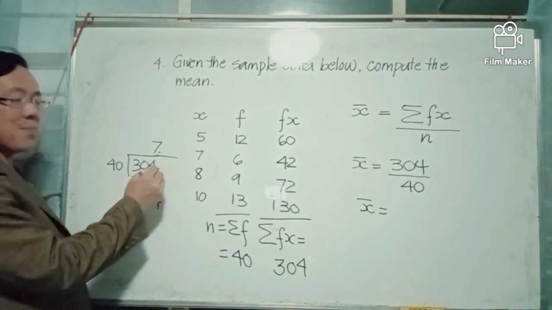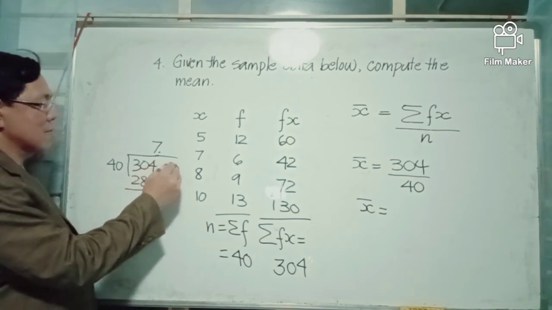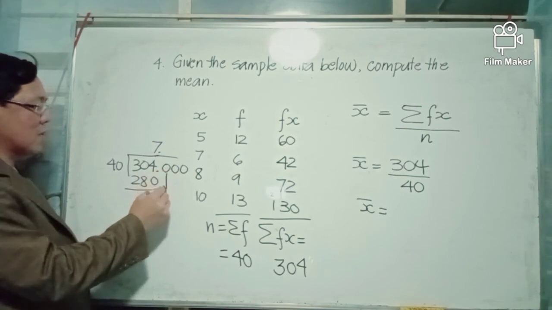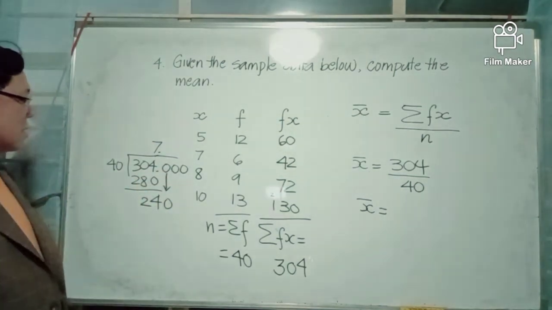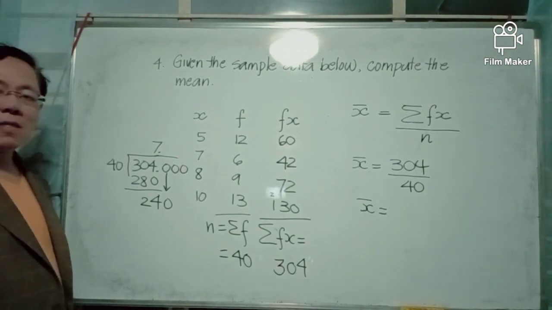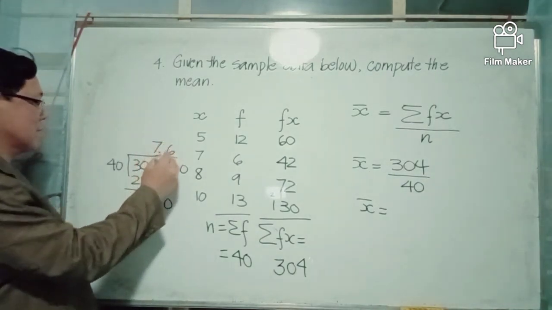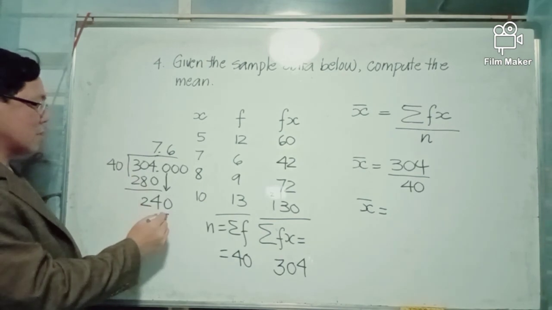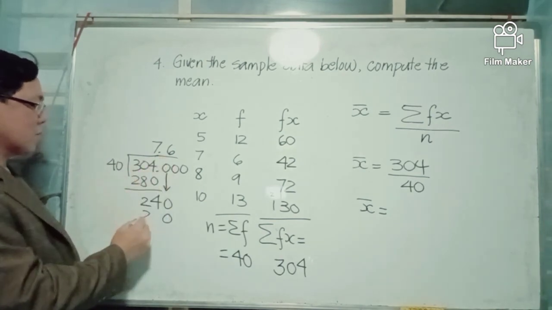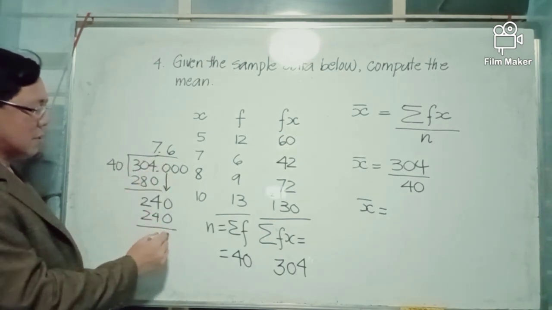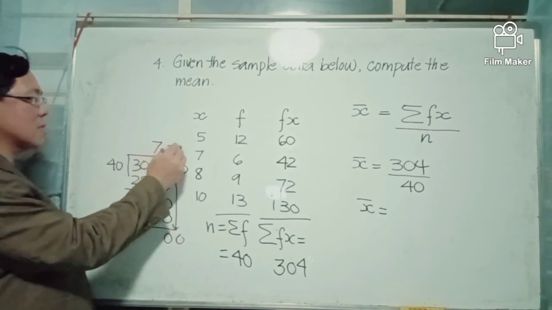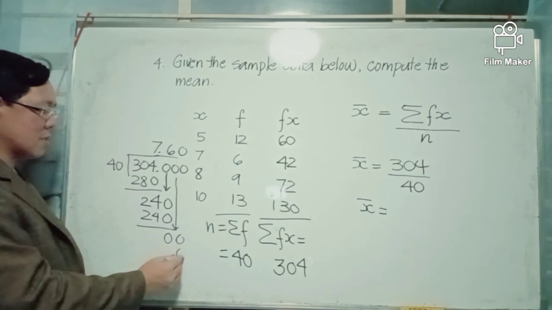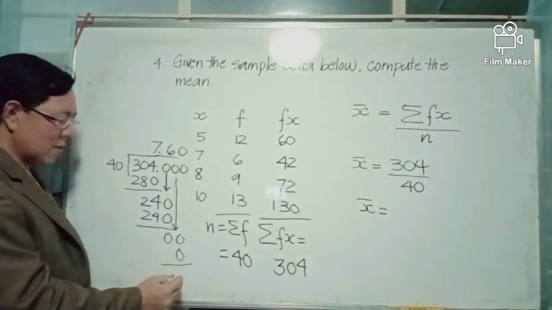So after the decimal point, we add 3 zeros and we bring down the first 0. 240 divided by 40 is 6. 6 by 0 is 0. 6 by 4 is 24. 0. Bring down the second 0. 0 divided by 40 is 0. 0 by 40 is 0. 0 minus 0 is 0.